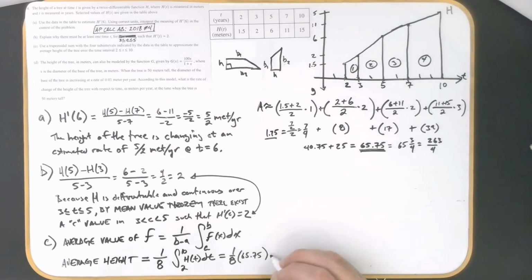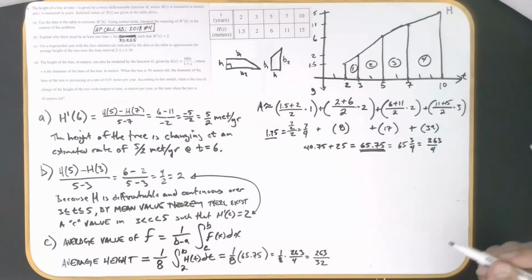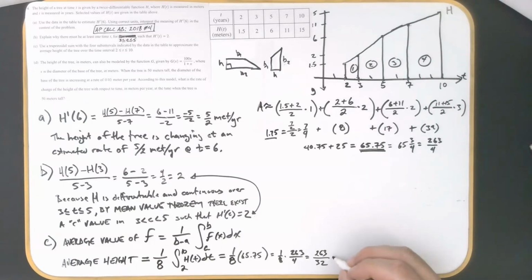And if we went back down here, we'd say that's 1/8 times 263 over 4. So your final answer is 263 over 32. And this is an average, so the units would then just be meters, because it's the average height.